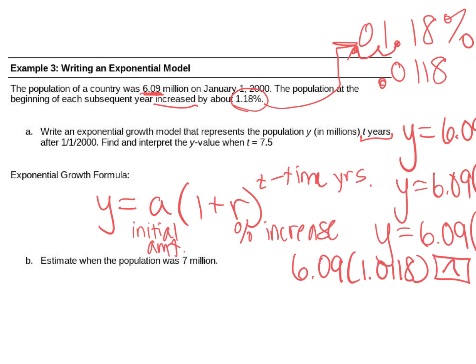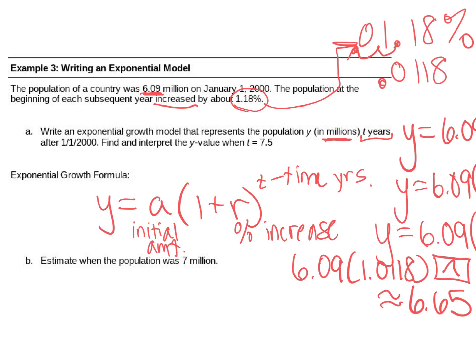So when you do that, you get a population of about 6.65, and this is in millions. Okay, so that would be the population 7.5 years after that.